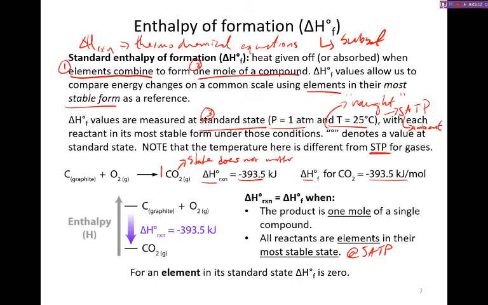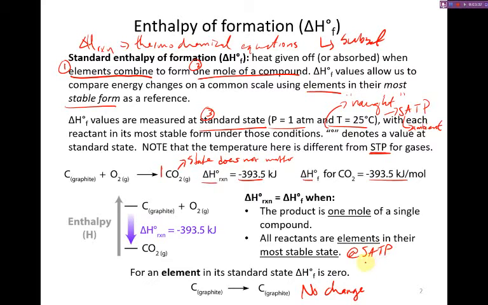Well, elements have a standard enthalpy of formation of 0. Think of it this way. If you take elemental graphite and you form elemental graphite from it, there's no change that has occurred. Therefore, there's no enthalpy that's exchanged. So the enthalpies of formation for elements in their standard states is 0.